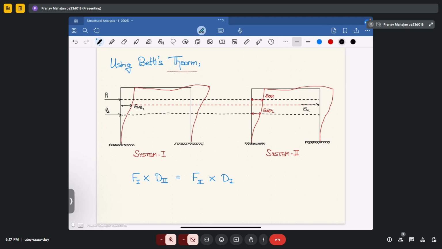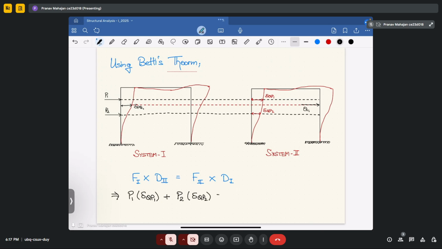So in this case, you can see you have two systems available. Due to P1, what kind of displacement is acting in system 2? I have marked it using the red pointer. You can see there it is delta QP1. Similarly, due to P2, in system 2 the displacement is delta QP2.